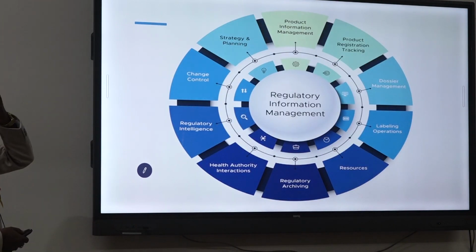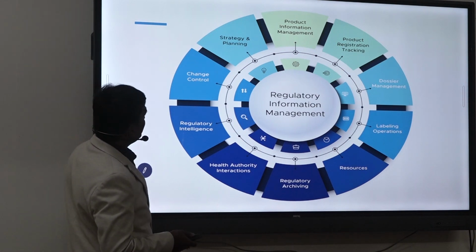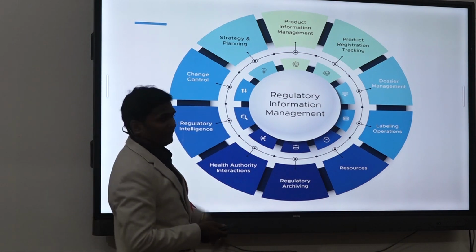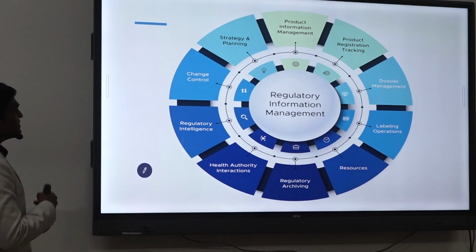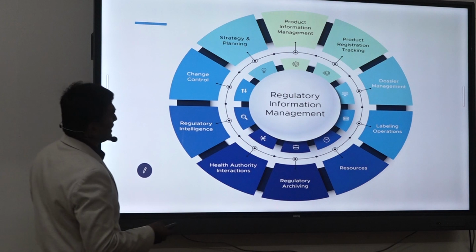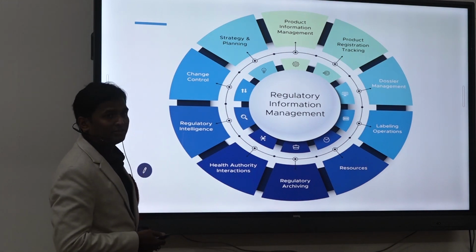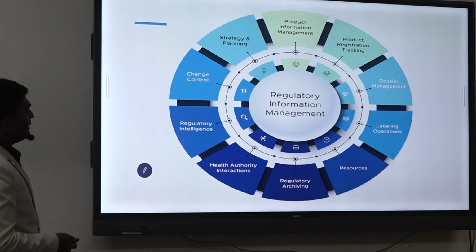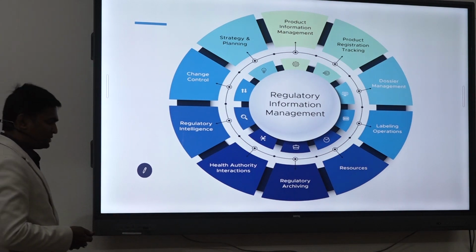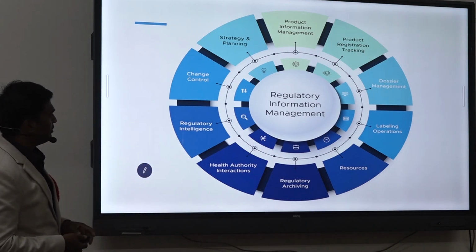Then this is the classic structure of a regulatory information management system or management team. We can start from strategy and planning, then product information management, product registration tracking, which we talked about in earlier slides, then dossier management, which is CTD management, and labeling operations: artwork, PI, each and every component will be part of labeling operations.